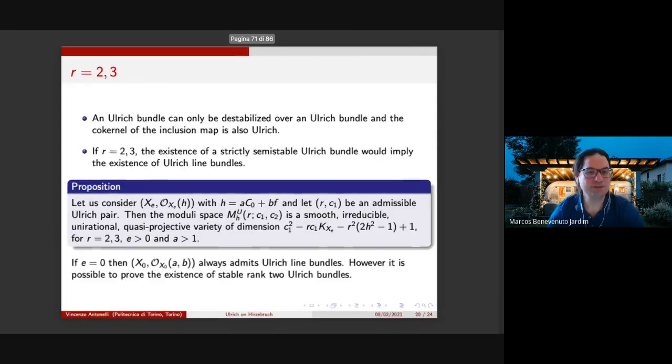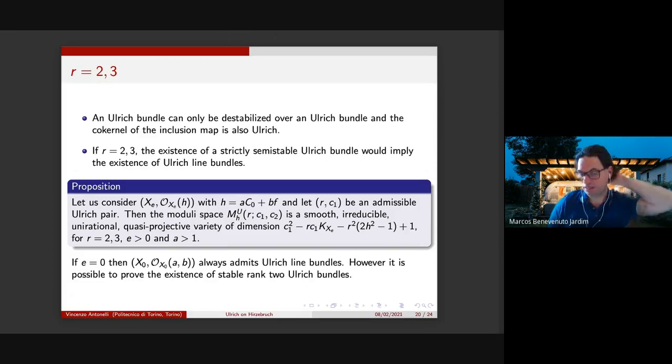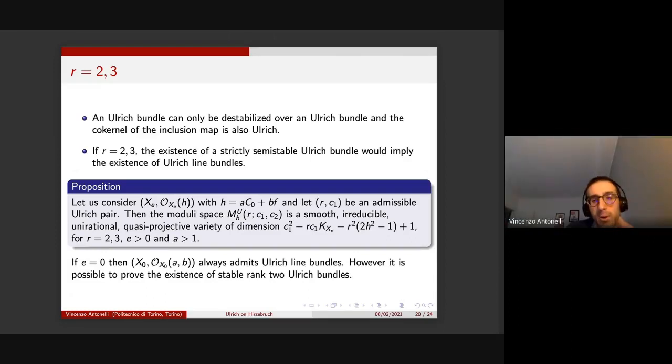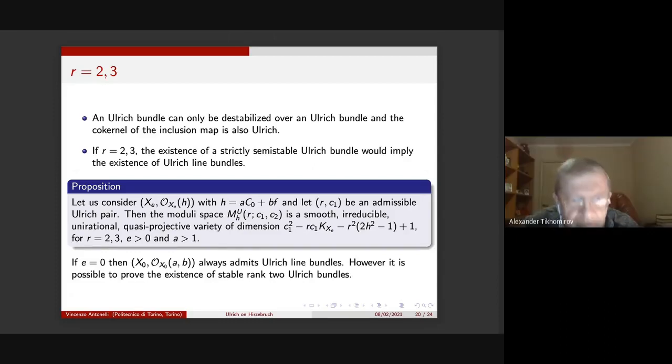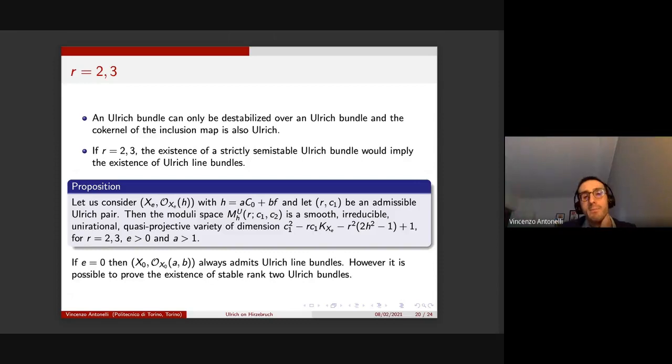Related to Alexander's question, in this proposition, you say that the moduli of Ulrich bundles is smooth, irreducible, rational, and this is an open subset in the moduli space of all bundles or all sheaves with these Chern classes. Or stable ones with those classes. Is that correct? Yes.